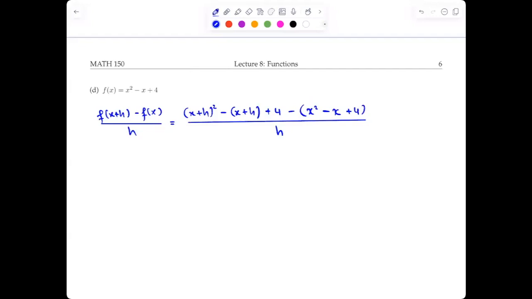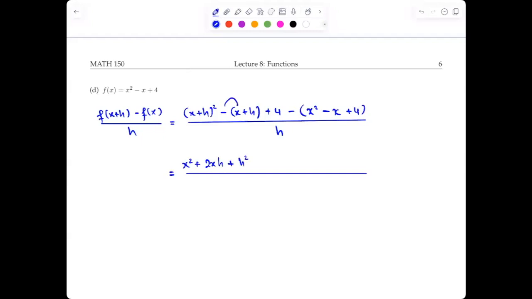So what I'm doing on the board is expanding the term x plus h squared. Okay, that's what I did. So here, on the numerator, the first term is x squared plus 2xh plus h squared.